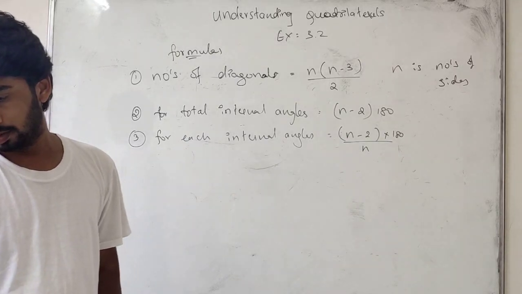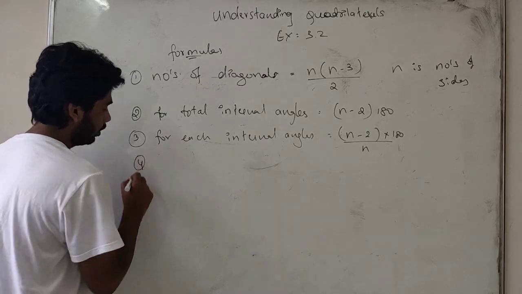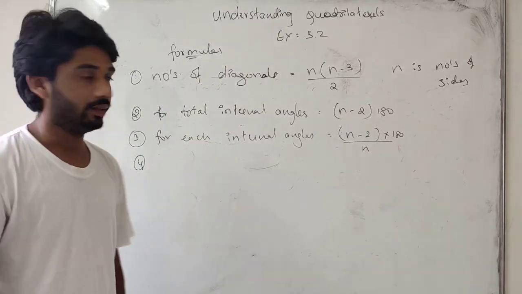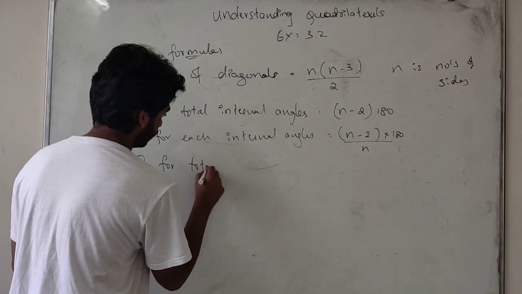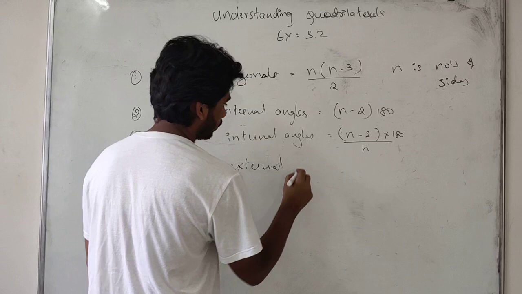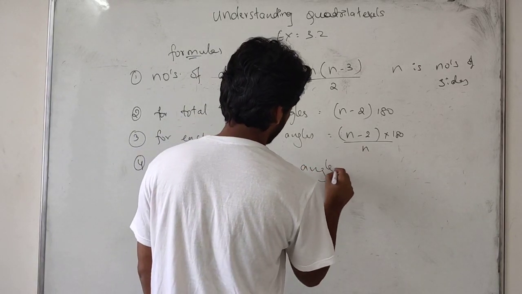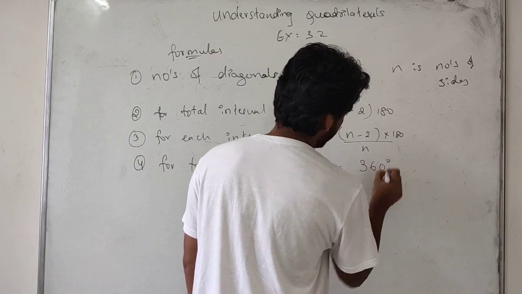Now students, fourth one, for the total external angle, it is 360 degrees.